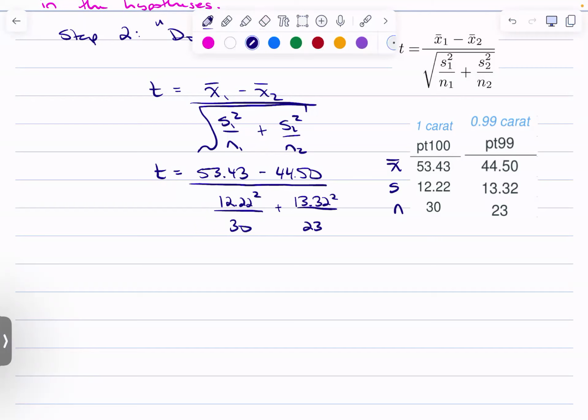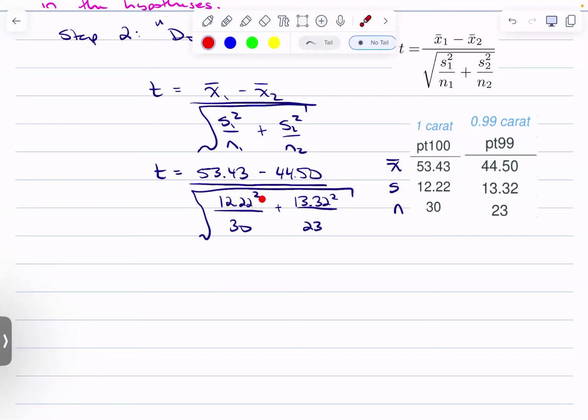Now you want to make sure that you do the square on each of these standard deviations. If you forget to square it, you're going to get a small standard error, which will give you a really big T. That can happen, but it is worth checking your math.